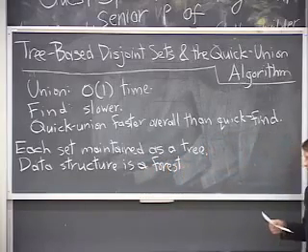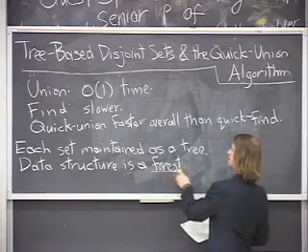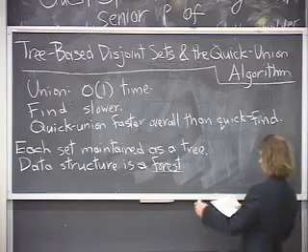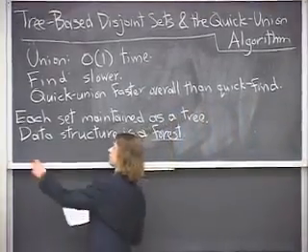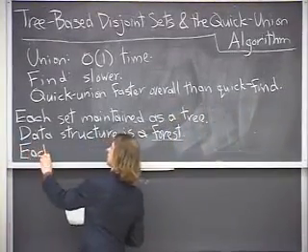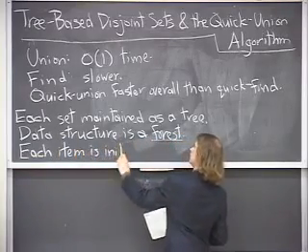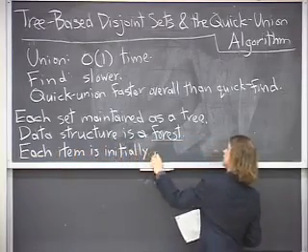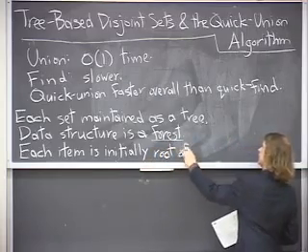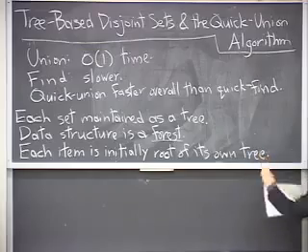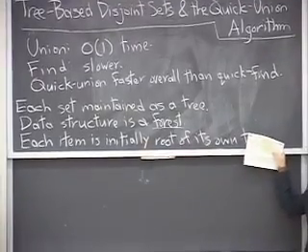So what's a forest? It's a collection of trees, you might recall. And each item is initially the root of its own tree, because each item is initially in a separate set.